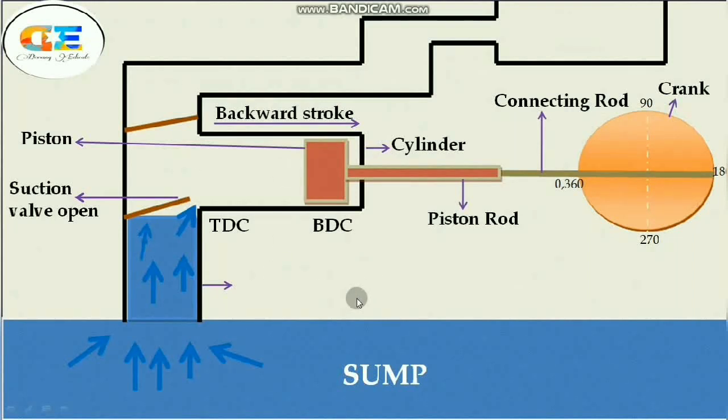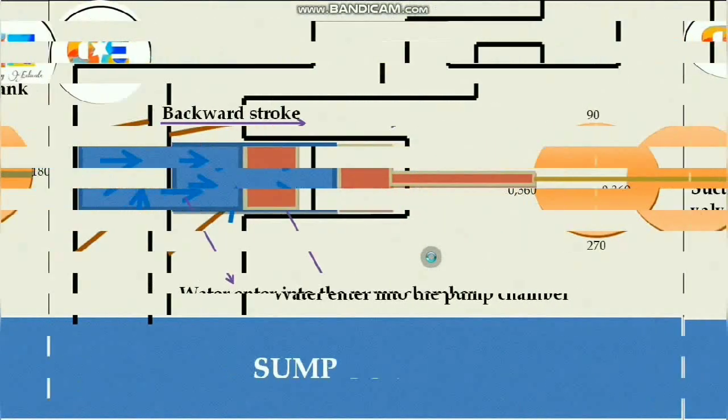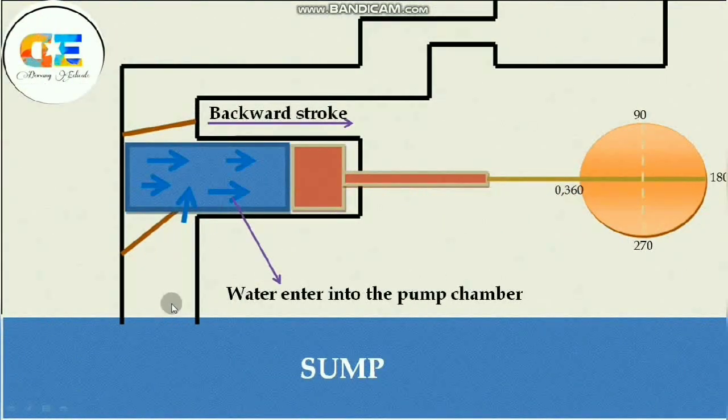One point to always remember is that flow takes place from high pressure to low pressure, as you saw that in the suction pipe the pressure is high and in the pump chamber the pressure is low. Then the water present in the suction pipe enters into the pump chamber. Okay.